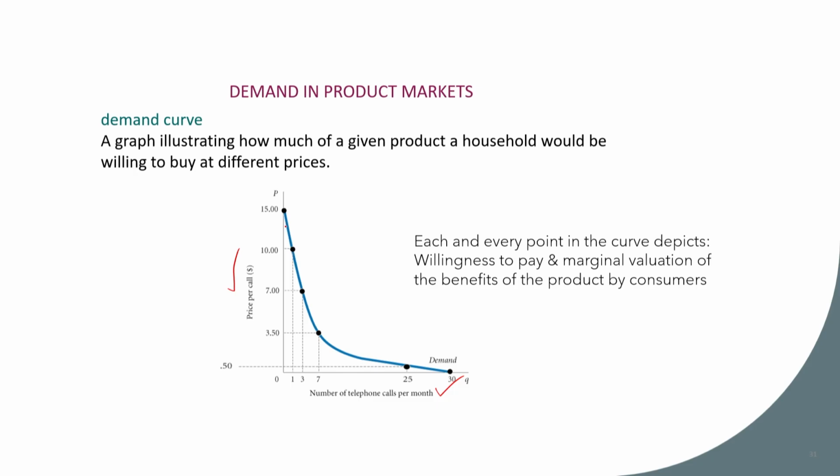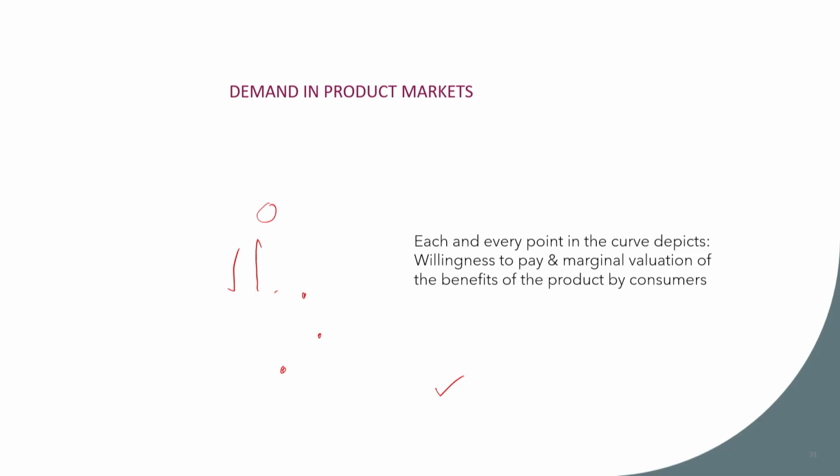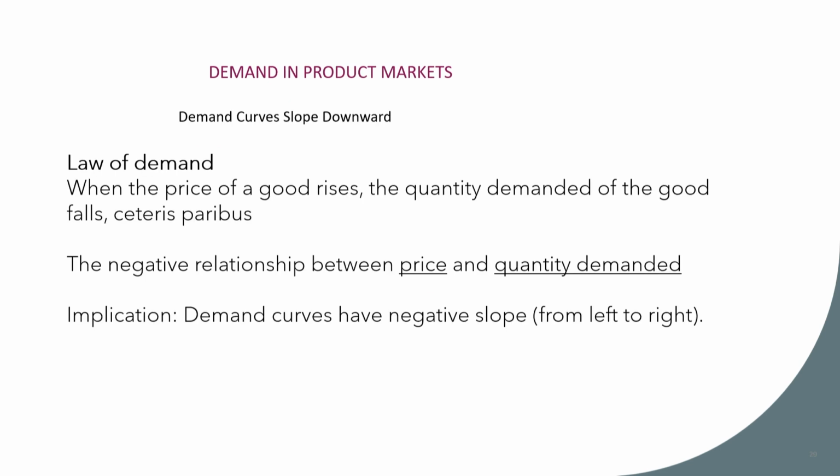When the price is very high, when the price is 15, quantity demanded is very low. When the price is 7, quantity demanded is this. When the price falls to 3.5, quantity demanded increases. So there is an inverse relationship here. That is called the law of demand, the inverse or negative relationship between price and quantity demanded.